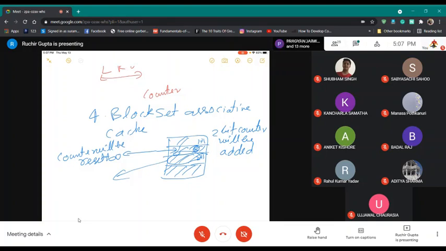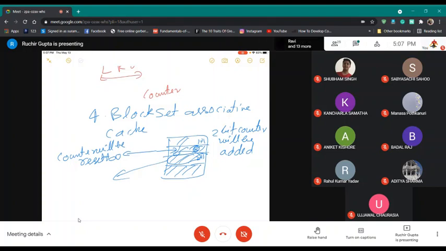So this way this algorithm works, and this is a useful way of doing this. There are other algorithms that work on older blocks to remove, but this is actually a more implementable algorithm.